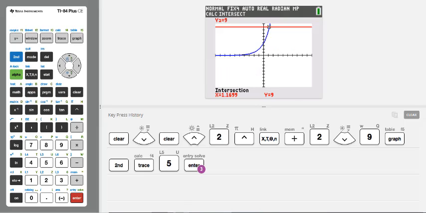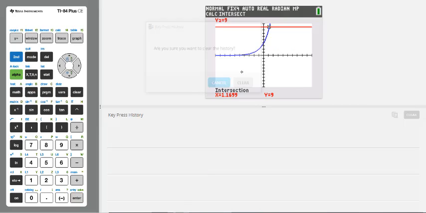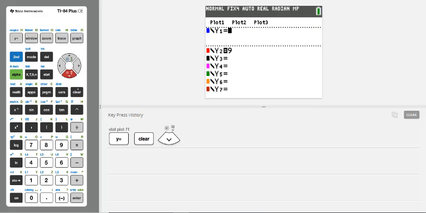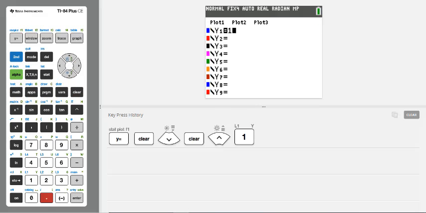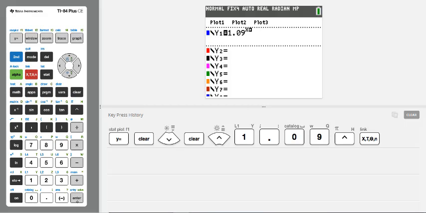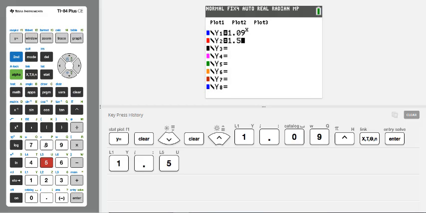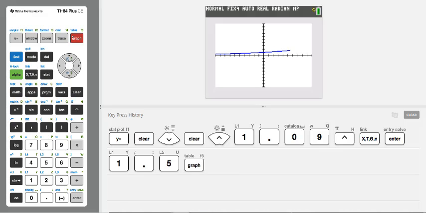So let's clear this. So clear. 1.09 raised to the x, and then we'll do 1.5, and we hit graph, and we should see it cross right there. It's not going to be a tremendous amount there. Make sure that I got that as an exponential, yeah, graph.